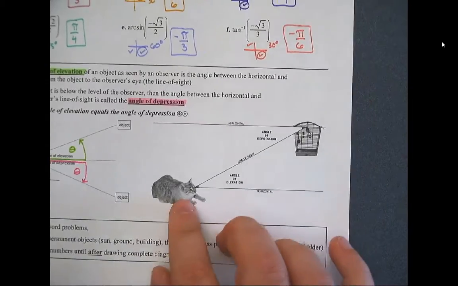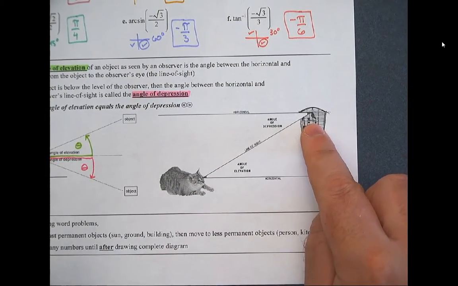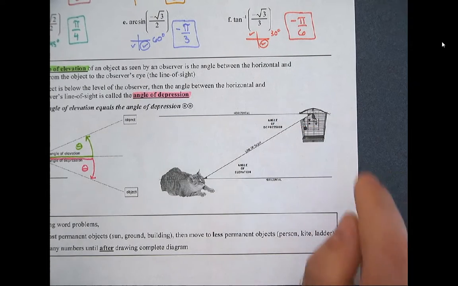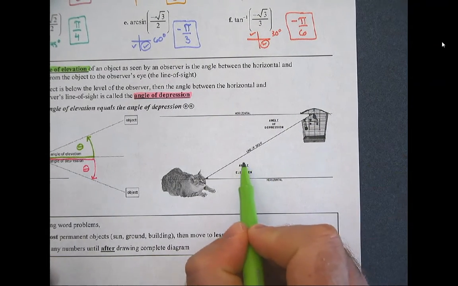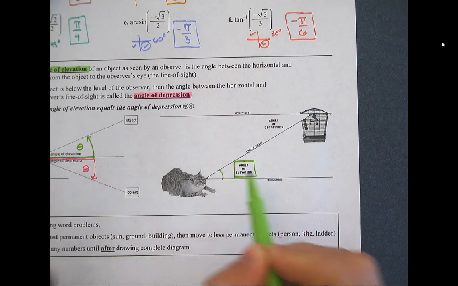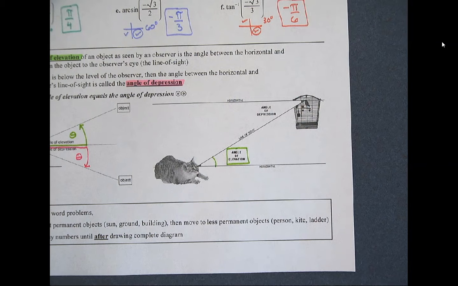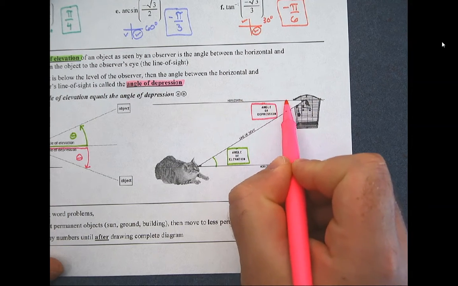So if I've got the picture of our cat here, my cat Archimedes looking at somebody's pet bird in their cage, the angle of elevation is this angle here. The angle of depression is this angle here.